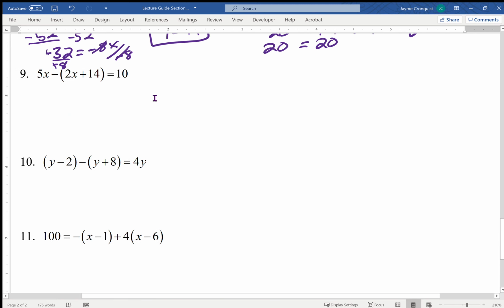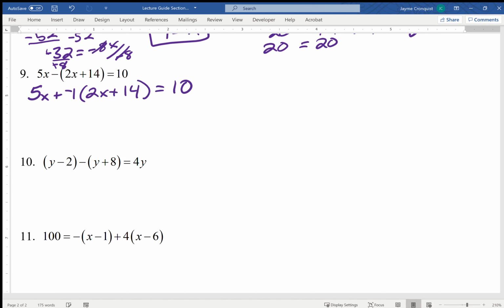All right. Now, the secret with this type, when I have minus and entire parentheses, I have to remember that really it's plus a negative 1 times 2x plus 14 equals 10. Okay, that's actually what's happening. So what I'm going to do is distribute the negative 1 into the parentheses.